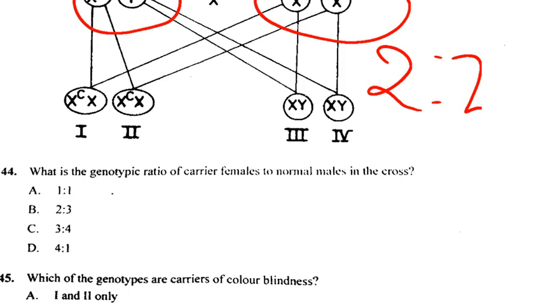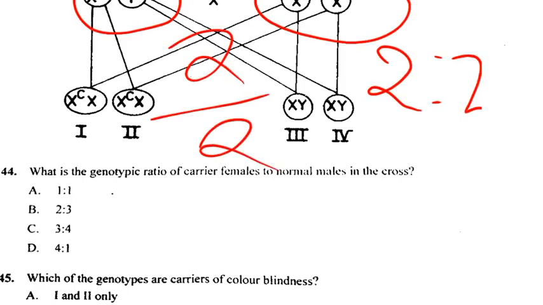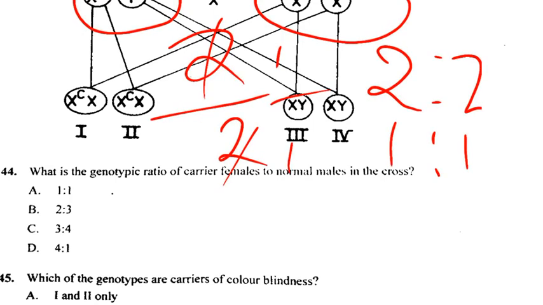Expressing this ratio as a fraction will give 2/2, and reducing this fraction, we have 1/1, thereby making our new ratio 1-to-1. Do we have 1-to-1 here? Yes, we have 1-to-1. Definitely, our answer to this question is A, which is the genotypic ratio of 1-to-1.